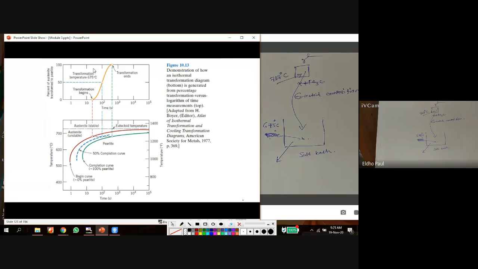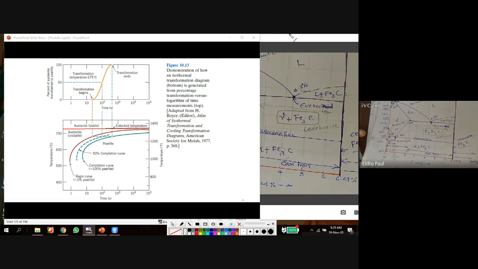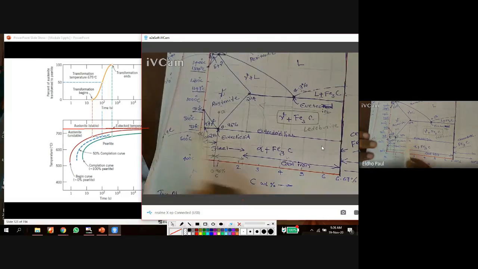Next, based on this transformation plot, I am going to draw the TTT diagram. In this TTT diagram, this line is the austenite temperature line, the eutectoid line.